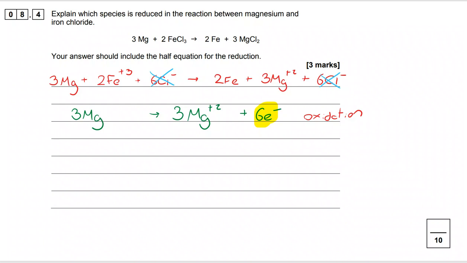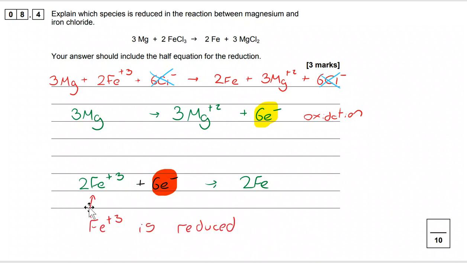So it's going to be Fe3+ going to Fe, and it's 2 and 2, so I'm including those here. To get from 2Fe3+ to 2Fe, I need to gain 6 electrons. Reduction is gain of electrons, so Fe3+ has been reduced, and this is the half equation that's credited with a mark. And that takes us to the end of question 8.